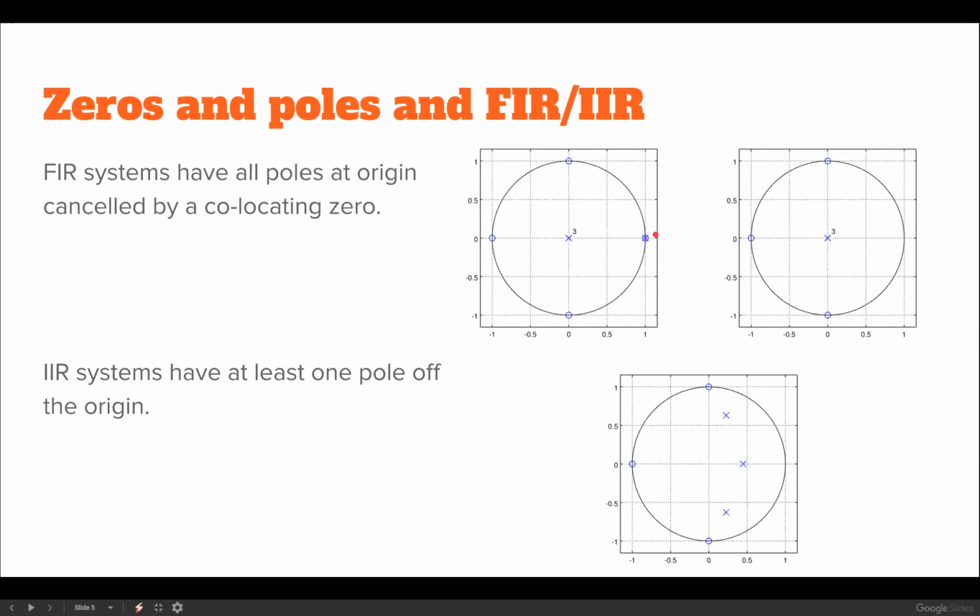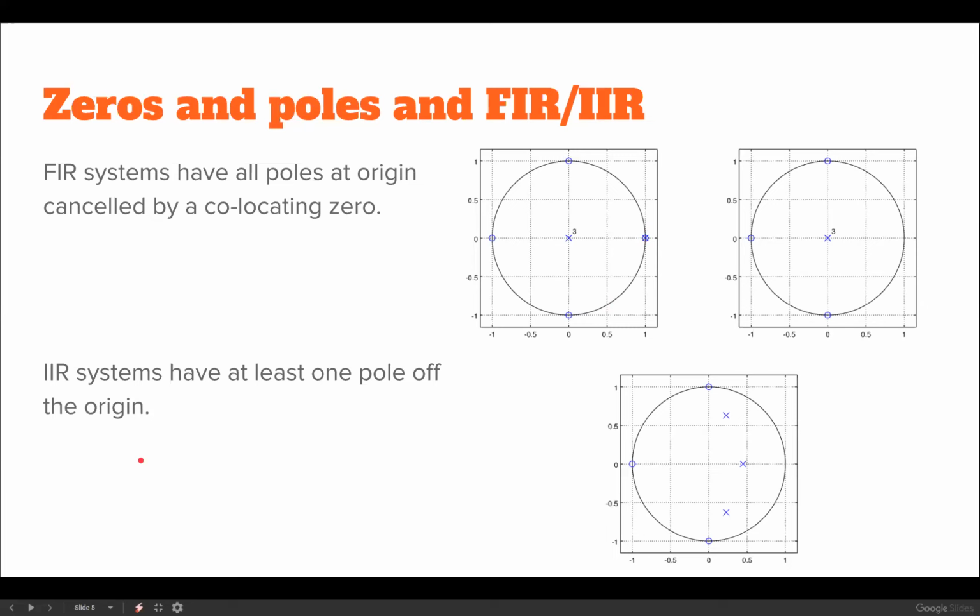And that actually is the same as multiplying the transfer function with 1 minus z divided by 1 minus z. So we multiplied it with 1. And in the form of the zero pole plot of the running average, it looks like that. So there's a cancelled pole. And the system is FIR. Okay.